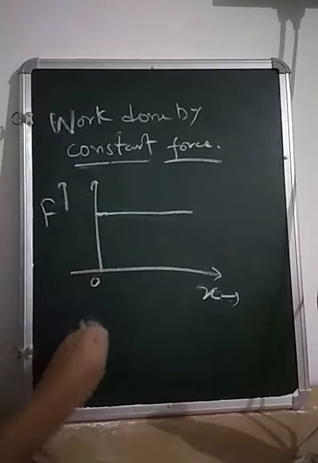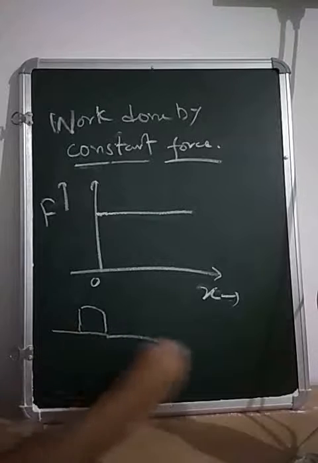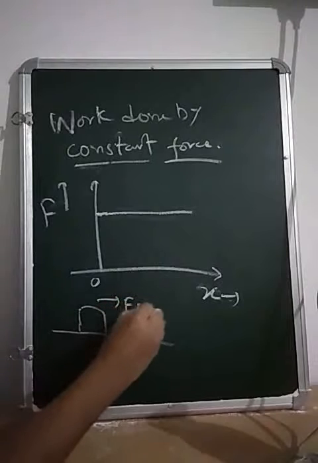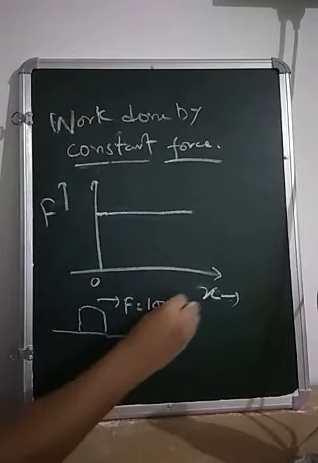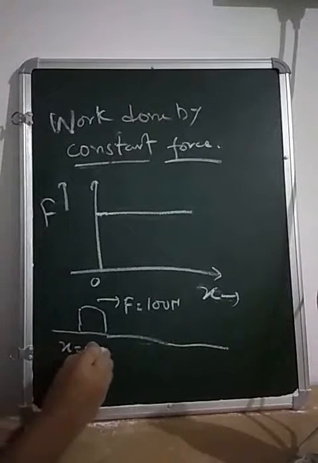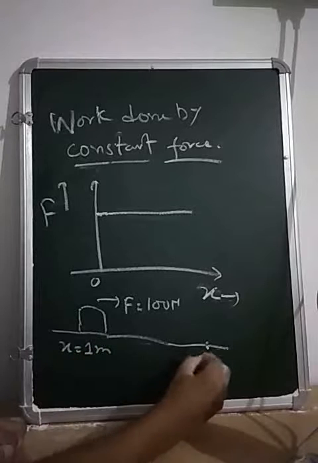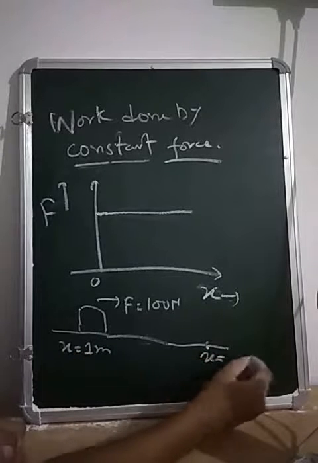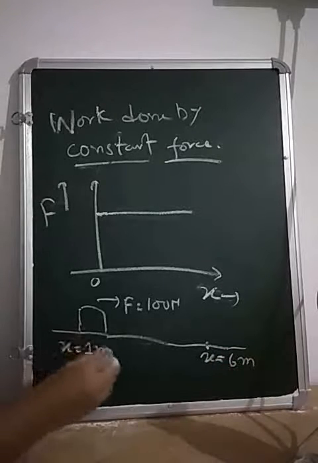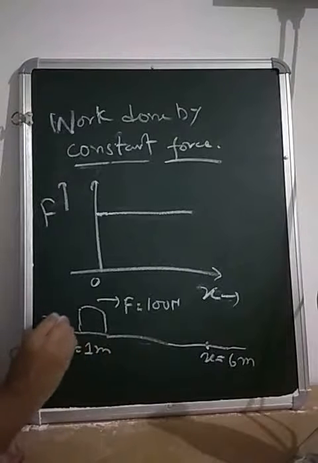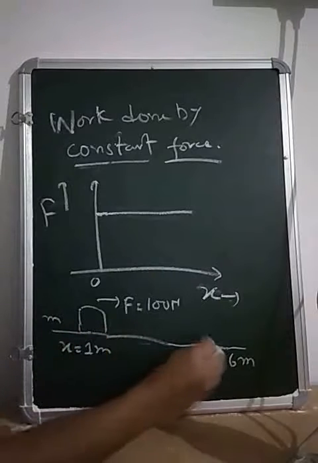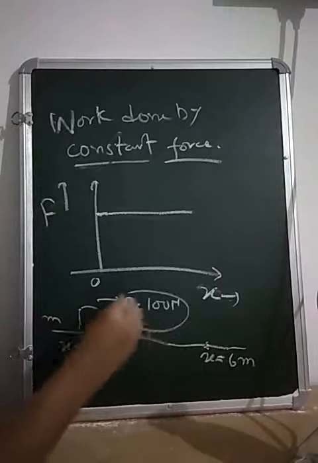Suppose I give an example: there is an object and you are moving it by applying a force equal to 100 Newton, displacing this object of mass m from x equal to 1 meter to x equal to 6 meter by applying a constant force F.